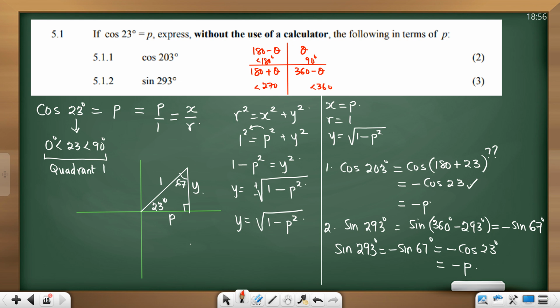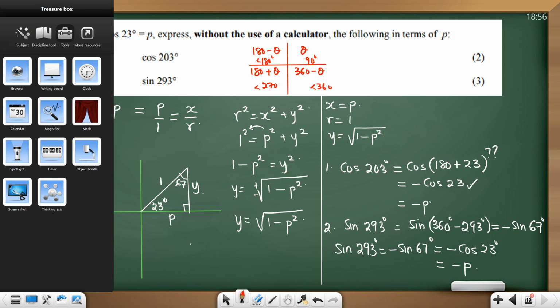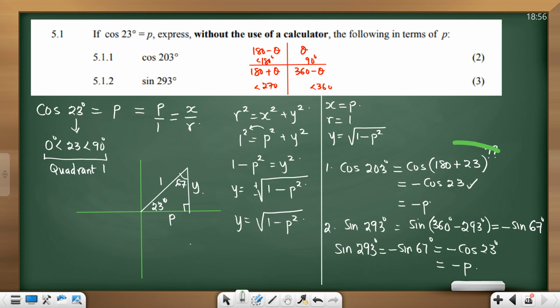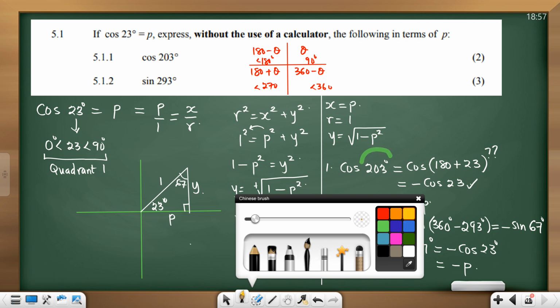Oh, yes, sir. So 180 plus something would give me what? 203. So all I need to do is use my calculator: 203 minus 180. Oh, so if I add 23 to 180, I'll get 203. That is why I have 180 plus that, because that gives me 203. But I must always remember the quadrant. This is in quadrant number what? 3.